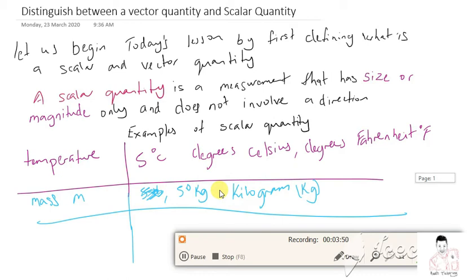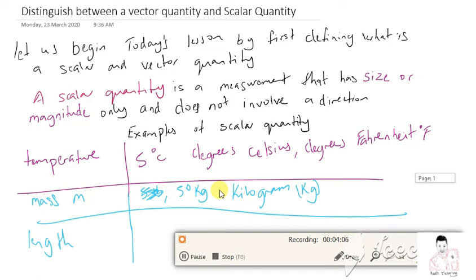Now there are many other quantities, and I'm not sure if I'll be able to go through every one of them now because I have a time limit that I'm working with. But length. So whenever you measure length, you only get a value.